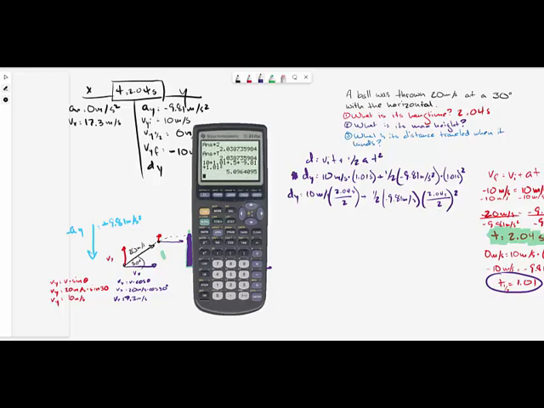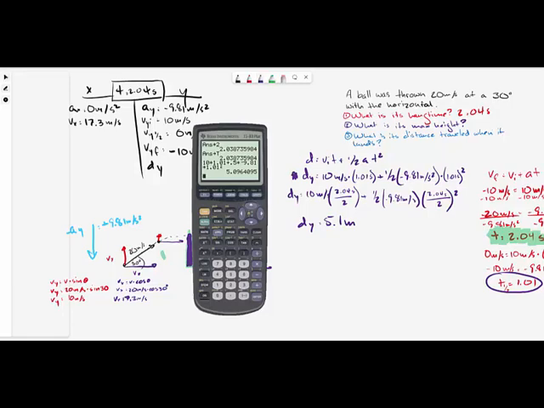That gives us a distance, the dy, of 5.09 meters. Or I'll say 5.1, because if you round it, it's 5.1.